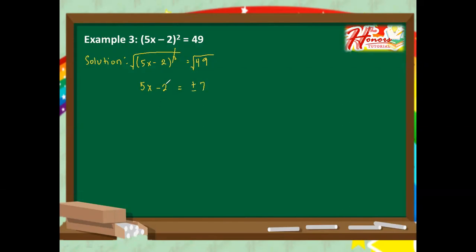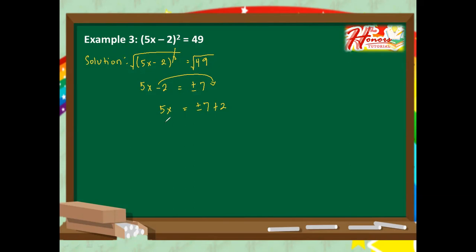And then let's transpose negative 2 here at the right side of the equation because our goal here is to have x only at the left side of the equation. So we have here 5x equals positive and negative 7 plus 2. Next.